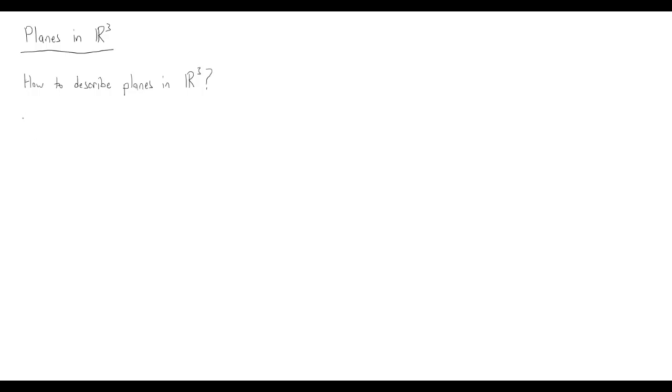Alright, so for lines, we needed two pieces of information. We needed a point that the line passes through, and then we needed a direction vector telling us how the line is passing through the point. Okay. So for a plane, we also need two pieces of information, or rather, we are going to use two pieces of information to describe a plane.